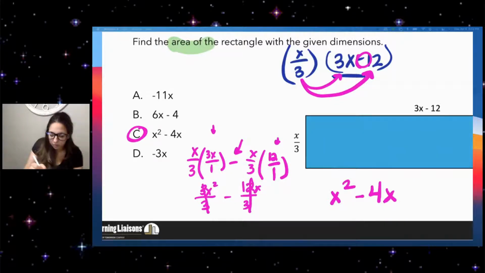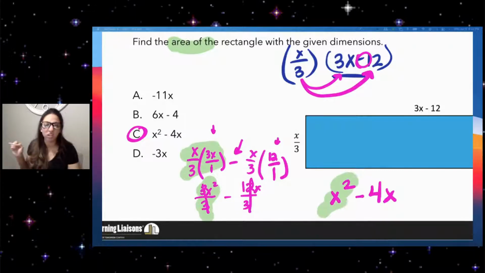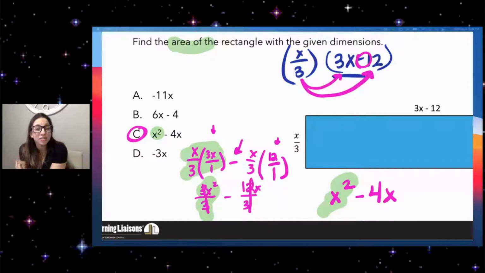With that said, if you had done this part and you got x squared, you really didn't need to finish that problem because there was only one answer choice with an x squared. So using those answer choices to help you solve is going to save you little bites of time throughout the exam.